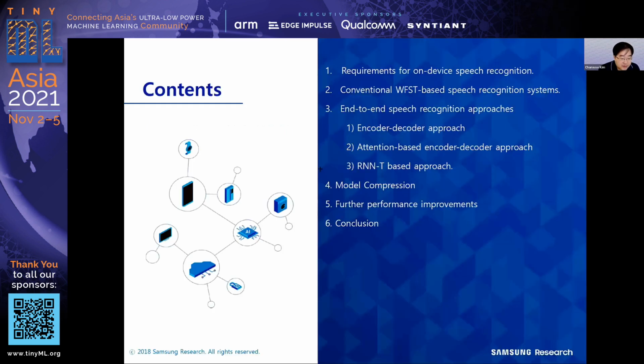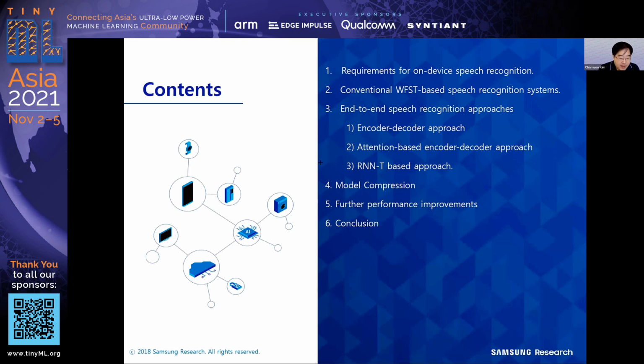So in this slide, you can see the contents of today's talk. At first, I talk about the requirements for on-device speech recognition. And before talking about the end-to-end neural network-based approach, I will briefly talk about the conventional WFST-based speech recognition systems.